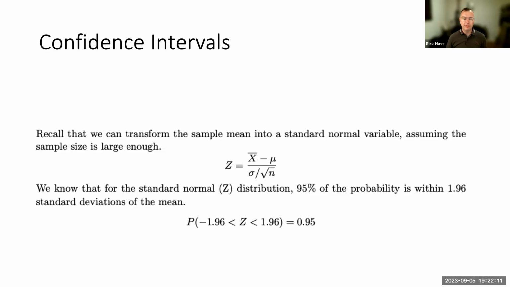Basically, the way we arrive at confidence intervals is we take the z-score formula for a sample mean. We know that for a standard normal distribution, 95% of the probability lies between these 2 points.